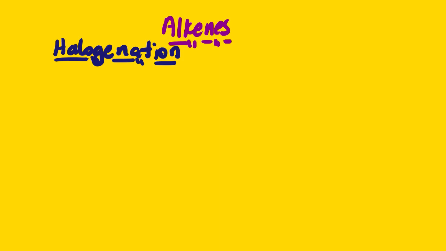In organic chemistry we normally denote halogens as X, but we are going to be looking at the diatomic molecule form of these halogens.